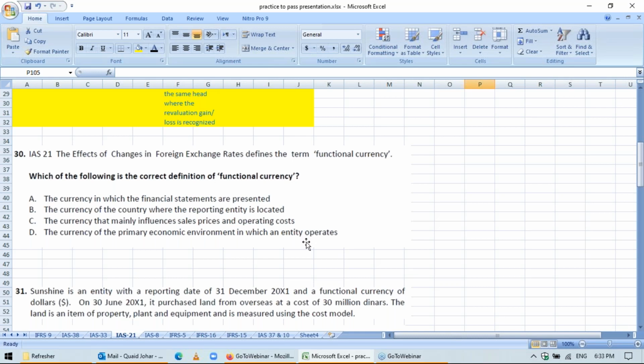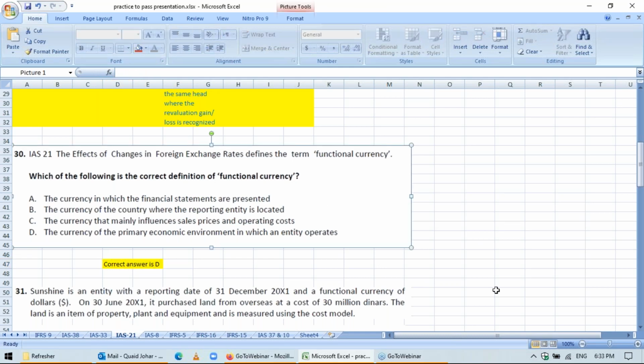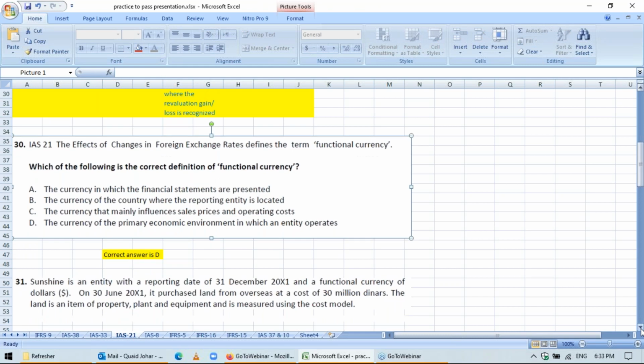So the correct answer to this question number 30 is D. Okay, so D says the currency of the primary economic environment in which an entity operates.